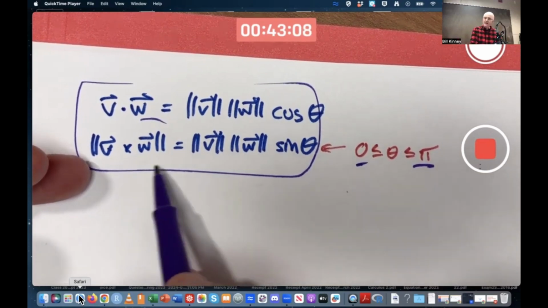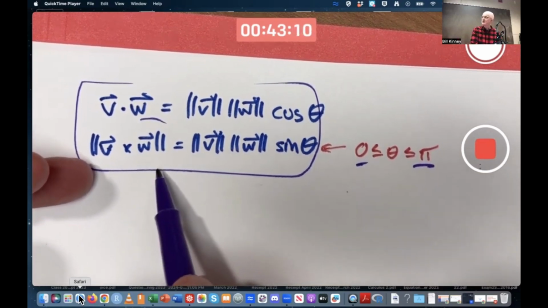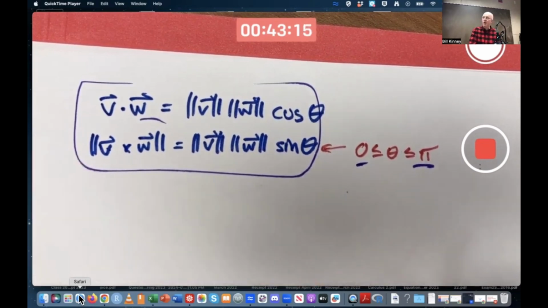In other words, the cross product is the 0 vector if and only if the angle between V and W is 0 or 180 degrees. They're parallel, either pointing in the same direction, parallel, or pointing in opposite directions, parallel.